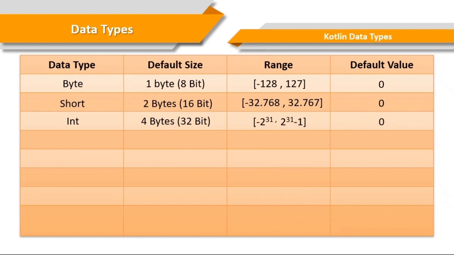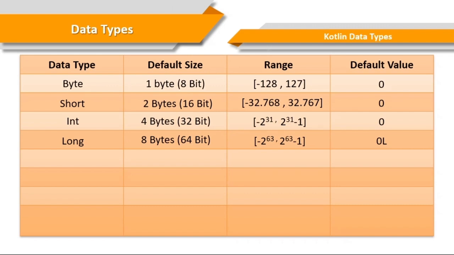The int data type is a 32-bit signed 2's complement integer, which has a minimum value of negative 2 to the 31st and a maximum value of 2 to the 31st minus 1. The long data type is a 64-bit 2's complement integer.